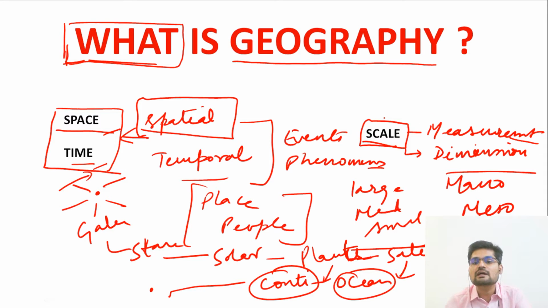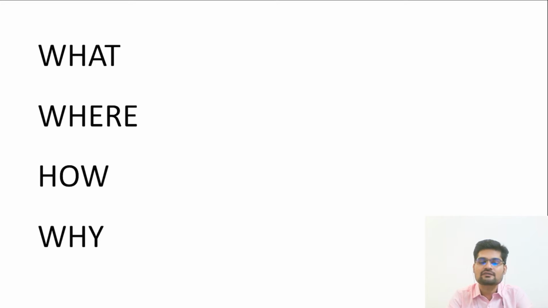So this is what we understand as scale in geography. So geography has the component of space-time study, but one important thing that we should always remember is the scale concept.